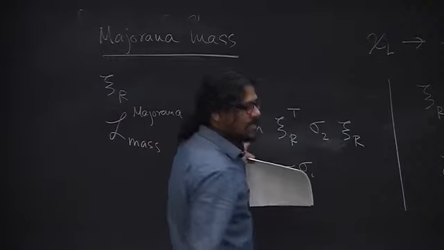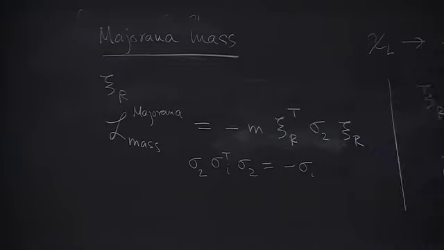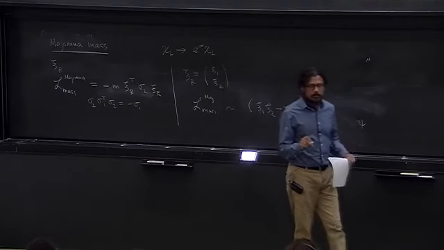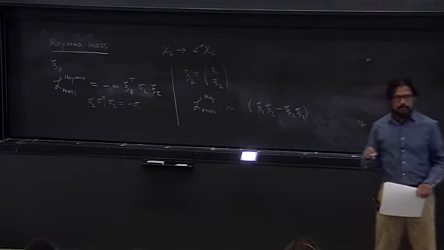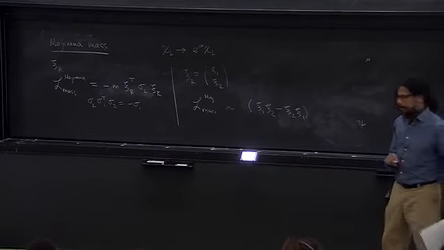So for the Majorana mass term to exist, it cannot be true that the two components of this Weyl spinor commute with each other.